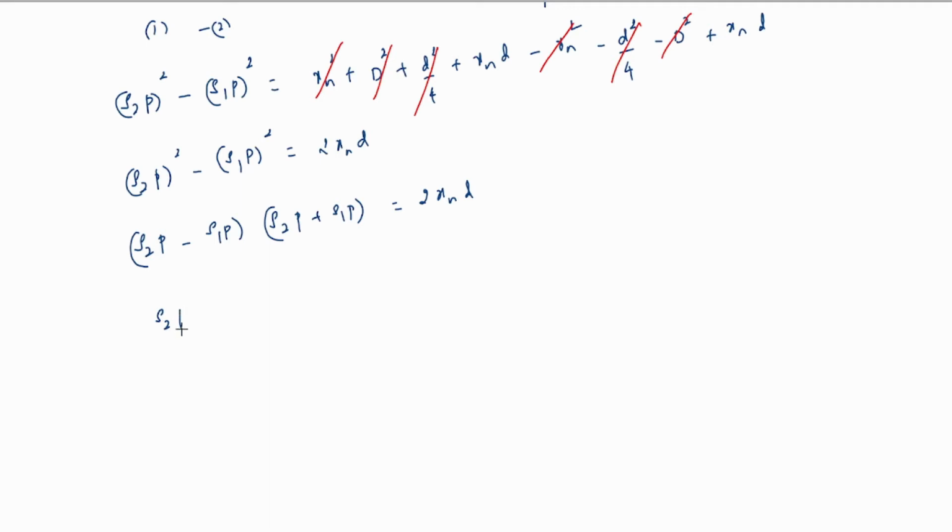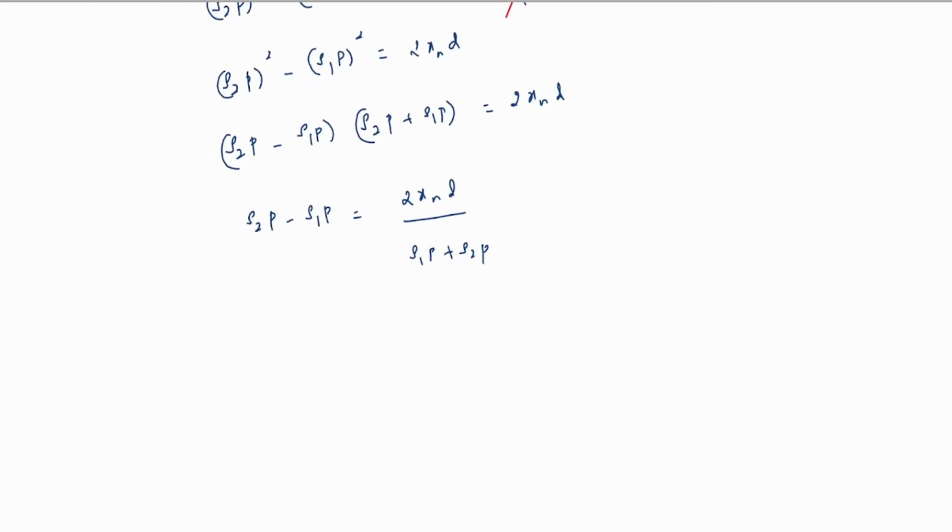Therefore finally what we get is S2P minus S1P is equal to 2 times xn d by S1P plus S2P, but this term on the left hand side is the path difference. Therefore, delta x is equal to 2 times xn d by S1P plus S2P.